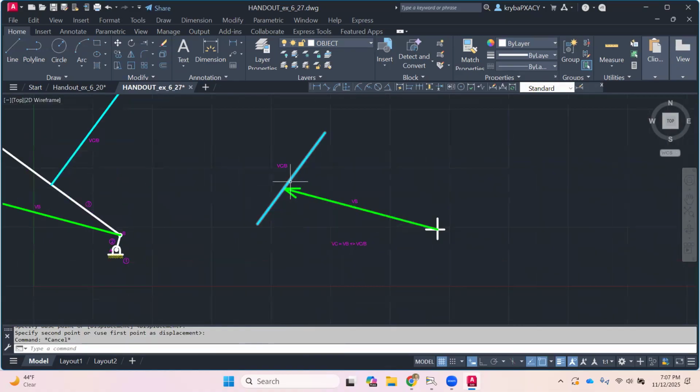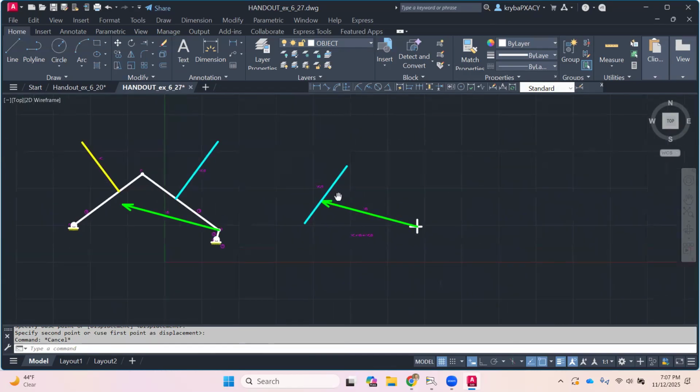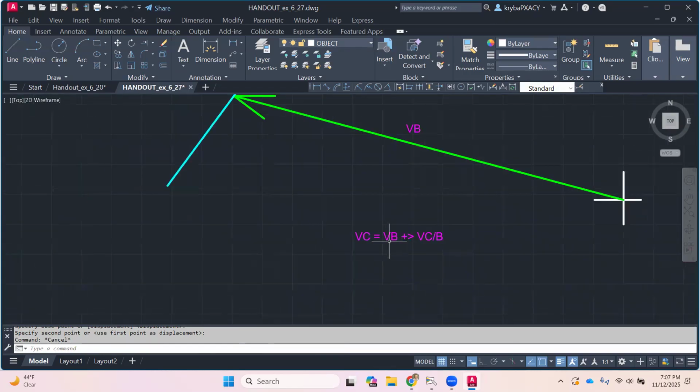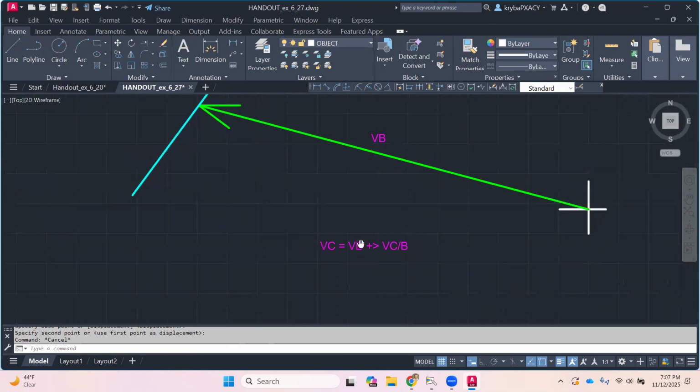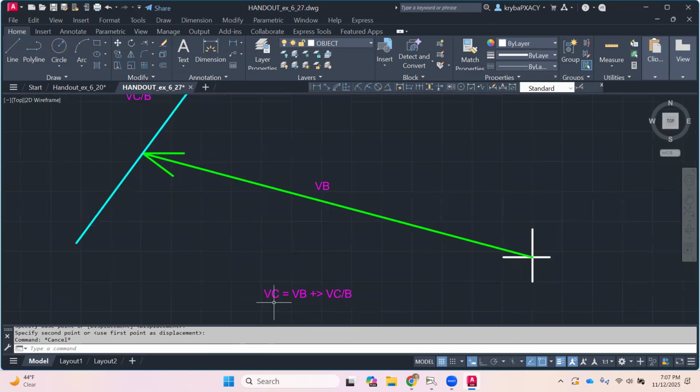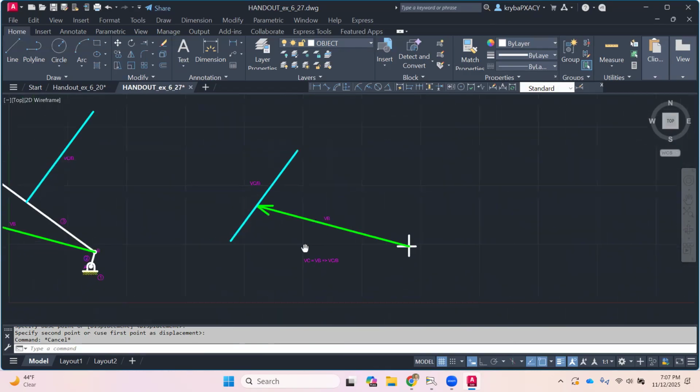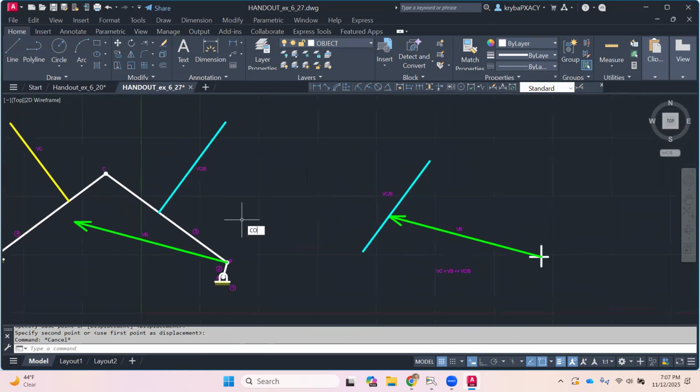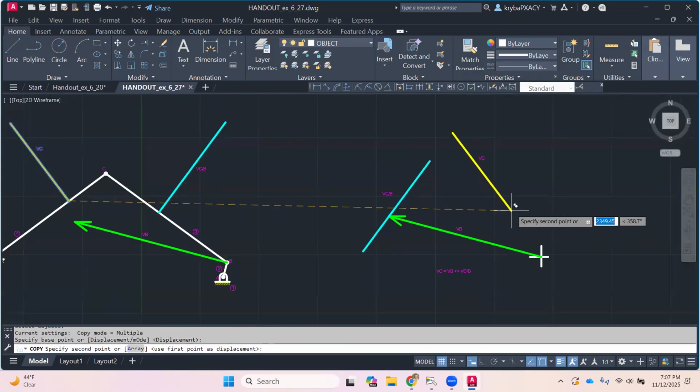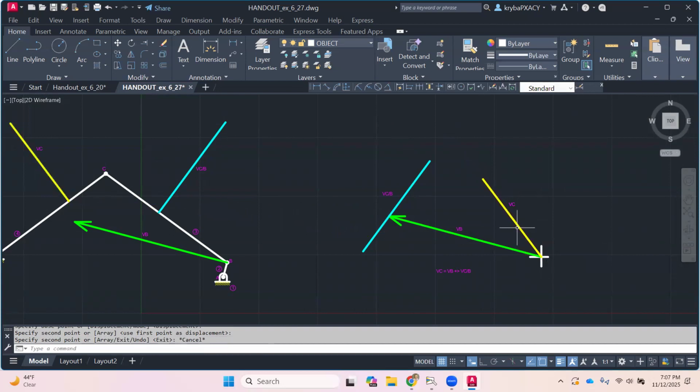So adding to the tip of B, C relative to B. Now, if I look back at my equation, I've done everything I can on the right-hand side. I cross the equal sign, which means I'm going to start back at the origin with the velocity of C. So I am going to copy velocity of C. I'm just going to start at the endpoint down here. I'm going to put it right there.